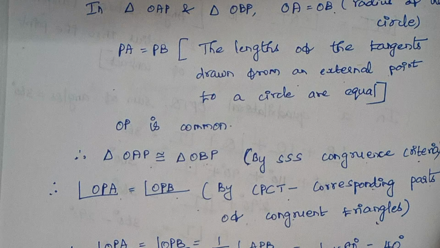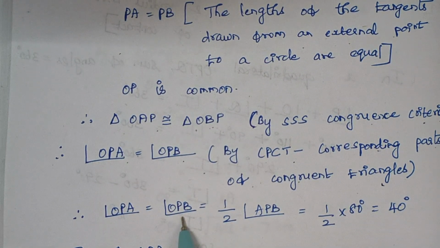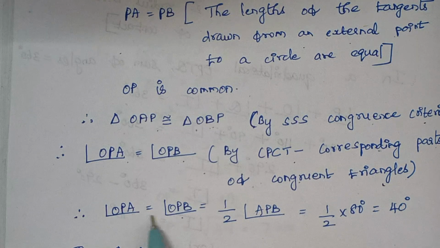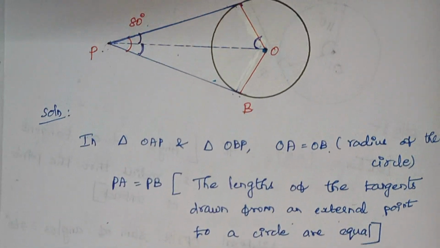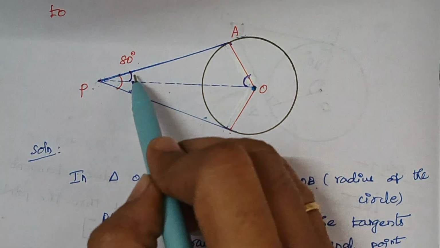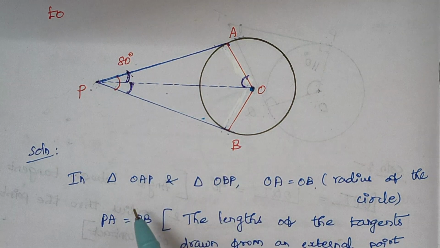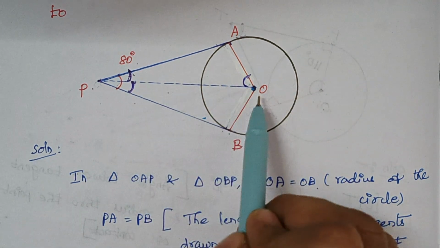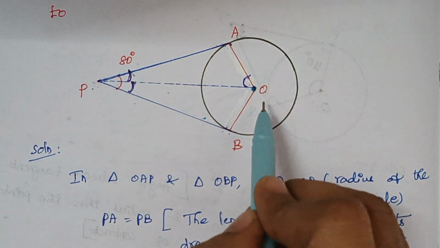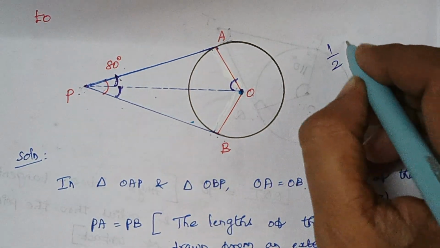Now this OPA is equal to OPB, but this value is equal to half of APB. Again, we have to look back at this diagram. Now we have proved that this angle is equal to this angle. Then this angle, that is OPA or OPB, is equal to half of the main angle.